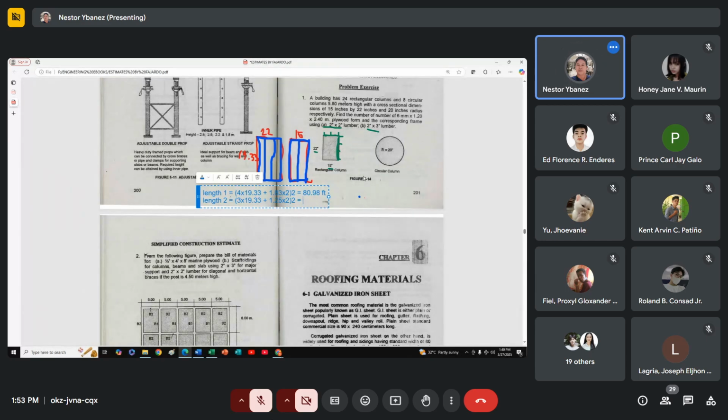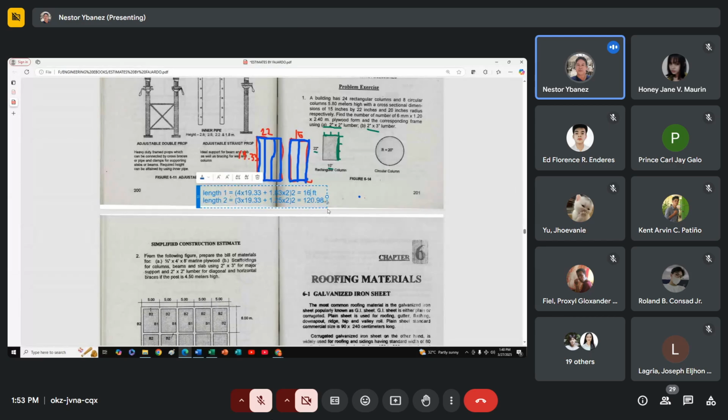Let me check the one below. 4 times 19.33 plus 1.83 times 2 is 161.96.